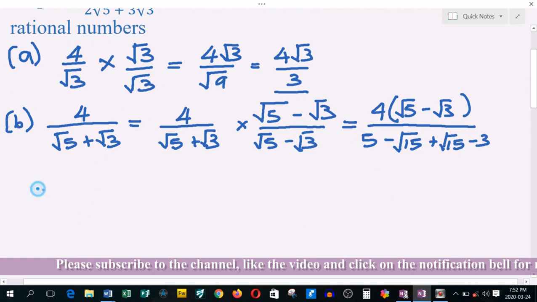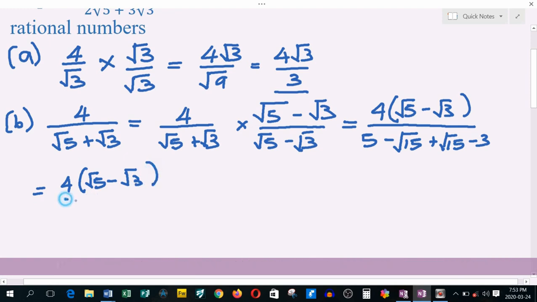So this will give us 4 root 5 minus root 3 all over 5 minus 3. This is the same thing as 4 root 5 minus root 3 over 2.